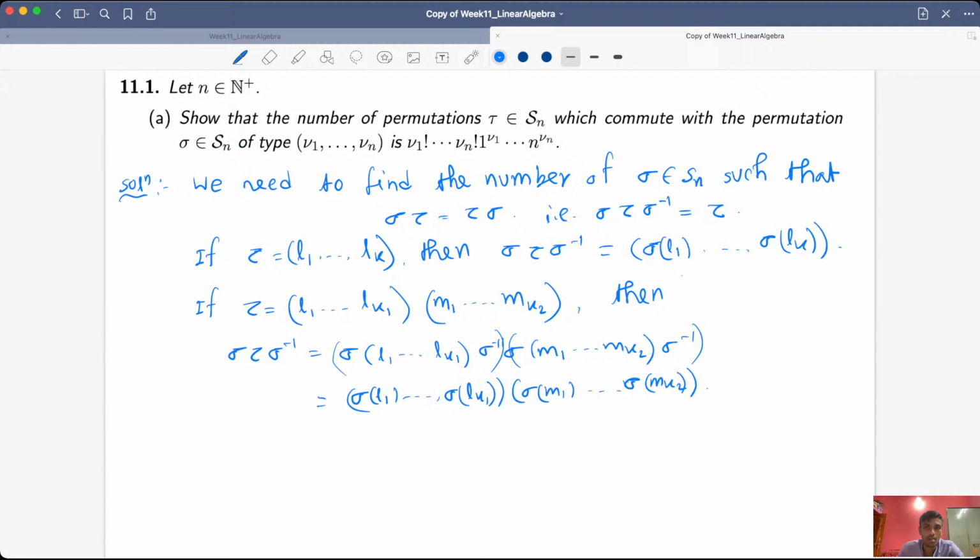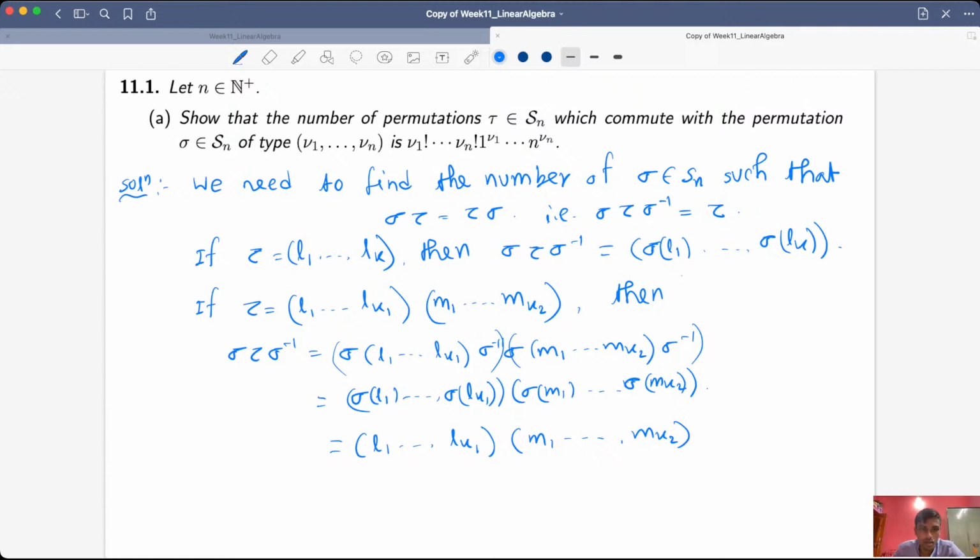And in our case, what we want is that sigma tau sigma inverse is exactly tau. So if I want some sigma such that sigma tau sigma inverse equals tau, then it should be L1 up to Lk1 and M1 up to Mk2, right?